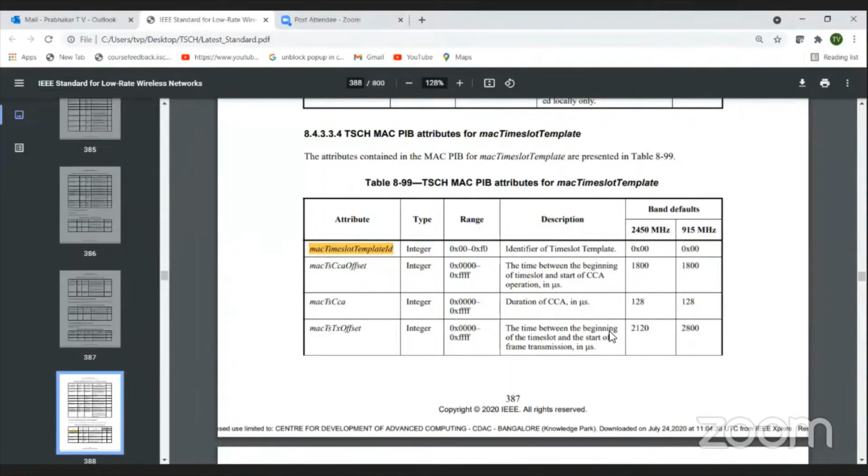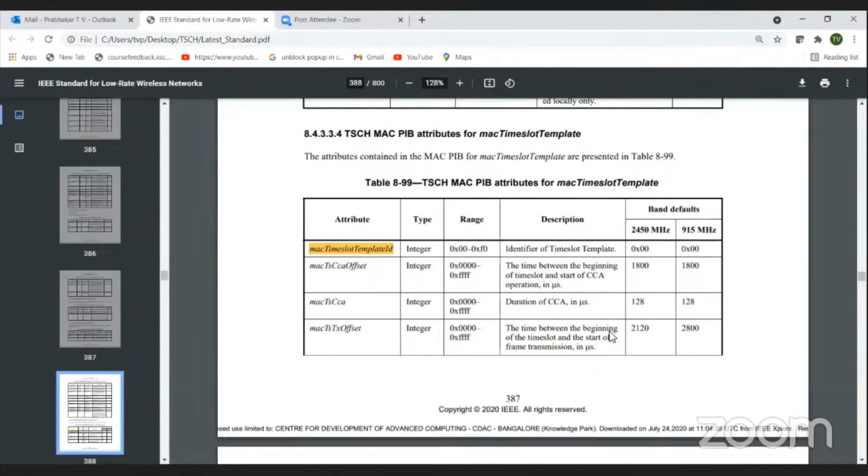You can push that value, whatever you want to define, by picking a number from that range. That will give you the template information. And the standard already gives you some defaults. You can see for 2450, the 2.4 gigahertz, it is 0x00.